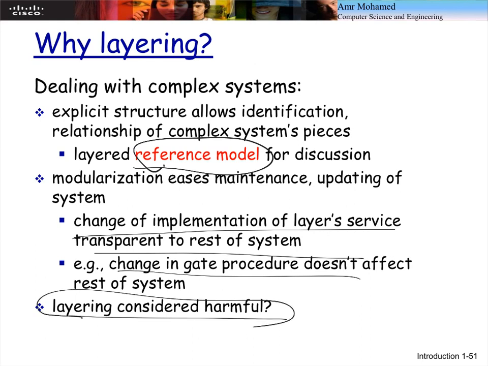Okay, so this is a very important and interesting question. Is there any drawback to the layered model? Until very recently, we did not see any issue with the layered model until we started to work heavily on wireless devices.